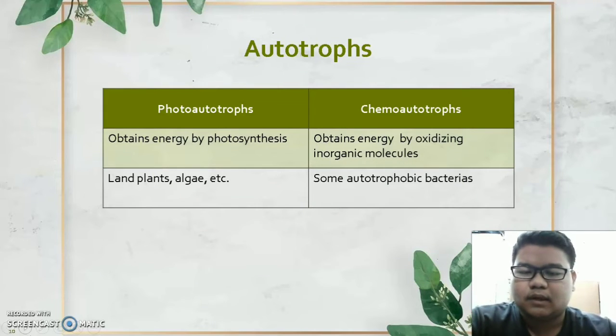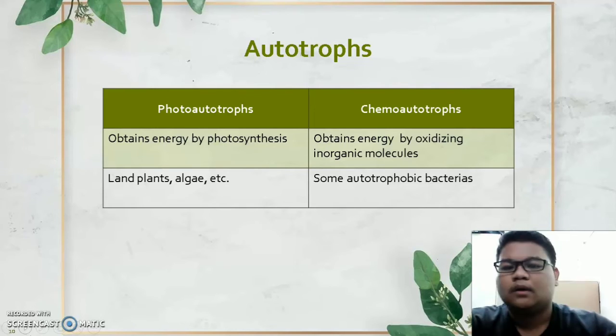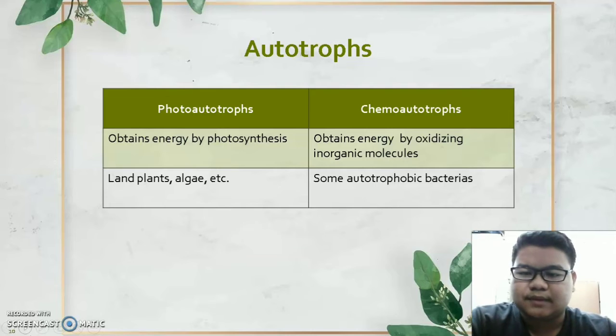Autotrophs. What are autotrophs? An autotroph is an organism that can produce its own food using light, water, carbon dioxide, or even chemicals. Autotrophs are divided into two groups. The first one is photoautotrophs, which obtain energy by the process of photosynthesis.